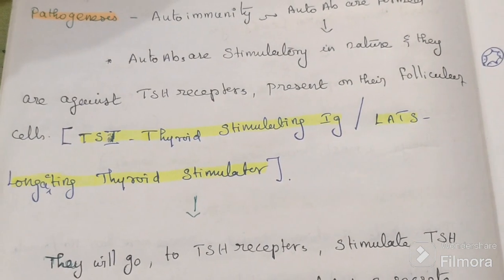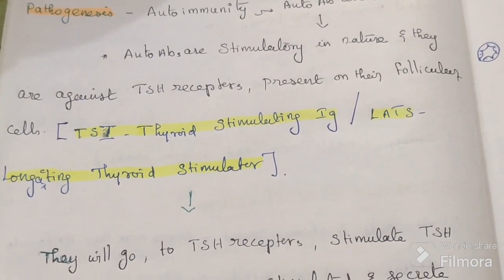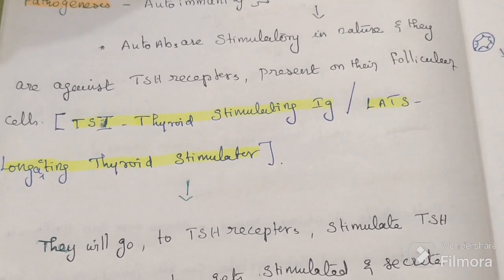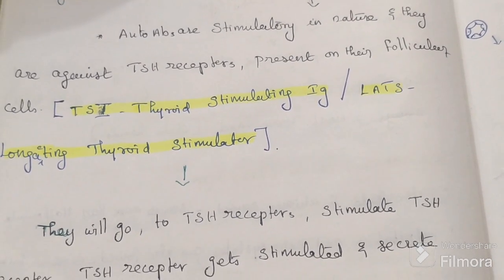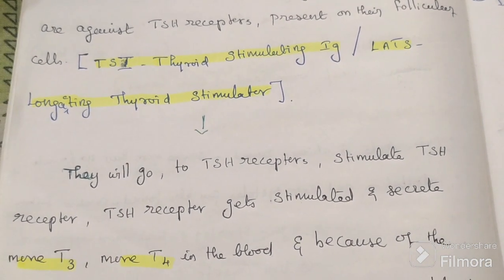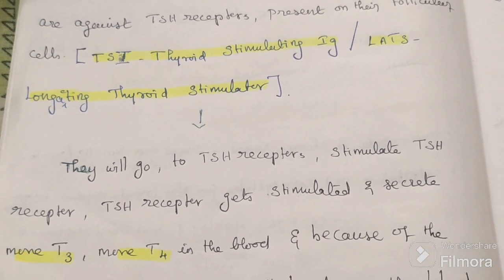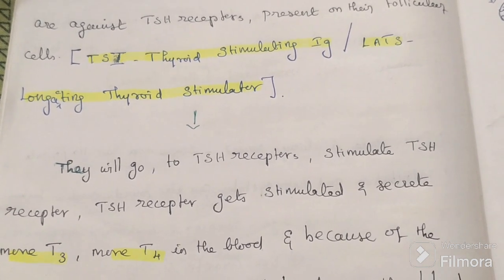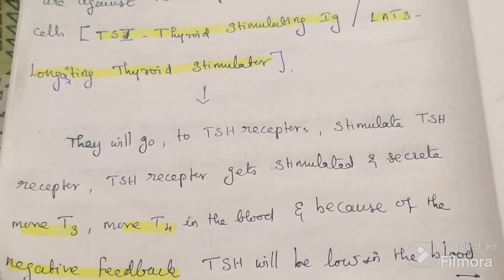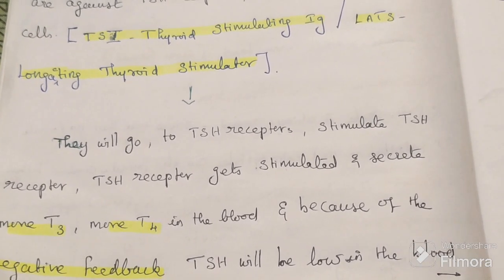Here, two types of antibody: one is thyroid stimulating immunoglobulin, or long acting thyroid stimulator. They will go to the TSH receptor and stimulate it, then the TSH receptor gets stimulated and secretes more and more T3 and T4.